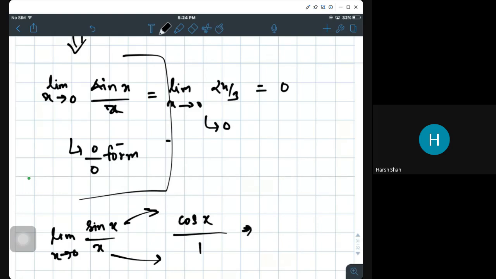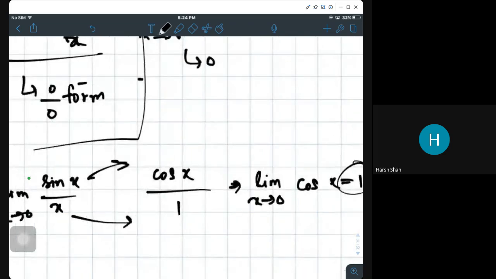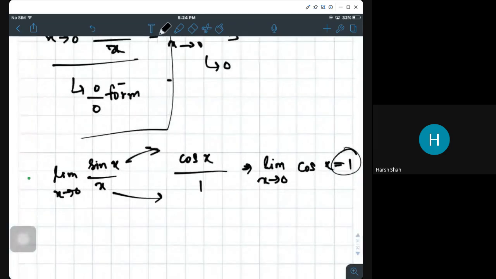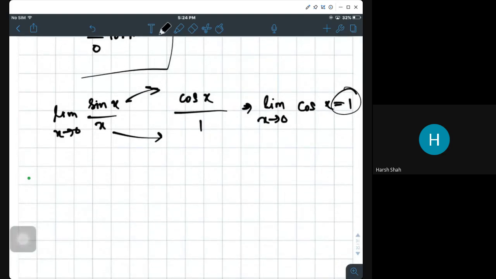Now you have limit x tends to 0 of cos x. What is the value of this? Cos 0, 1. You got the answer. Now you will put 1 here. There are many ways by which you can solve this, but L'Hospital's rule is the simplest of all. We will come to L'Hospital's rule when we discuss differentiation, but for now, I hope this is clear, no?